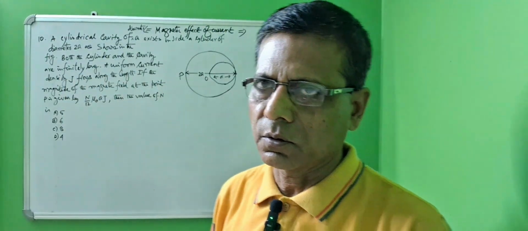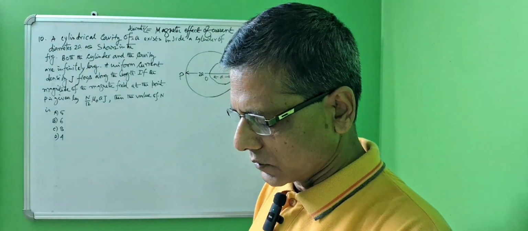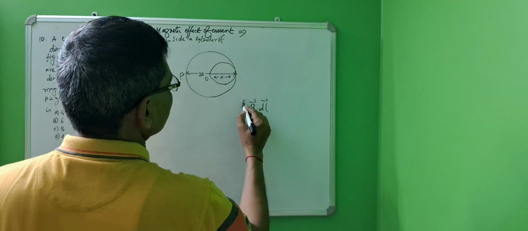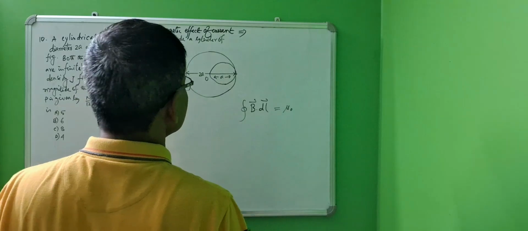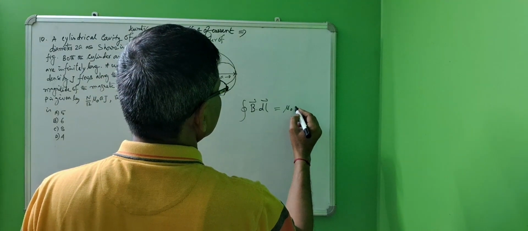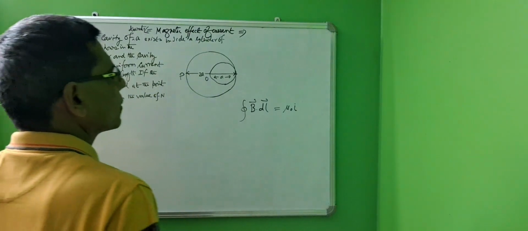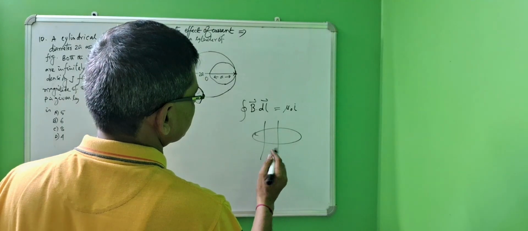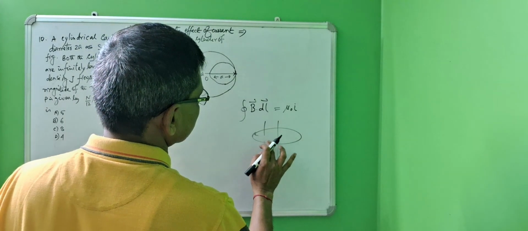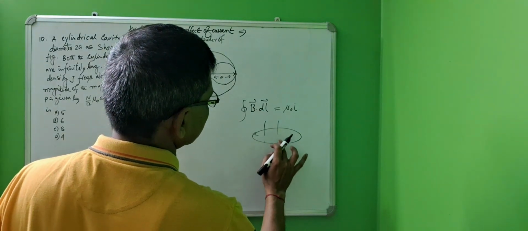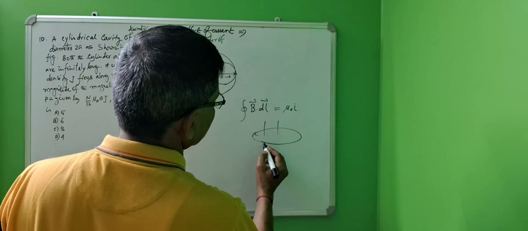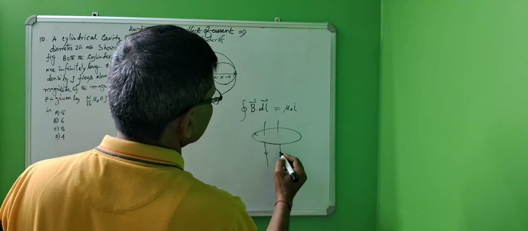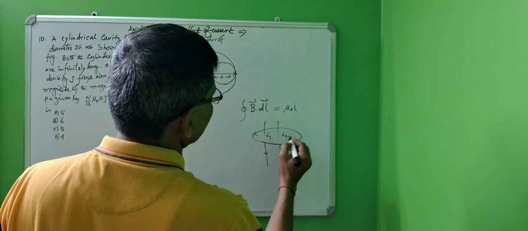Ampere's circuital law: what does this law say? Mathematically, the line integral of B dot dl equals mu 0 I. Suppose this is a circuit in which these are the currents, this one is current I1, this one is current I2.